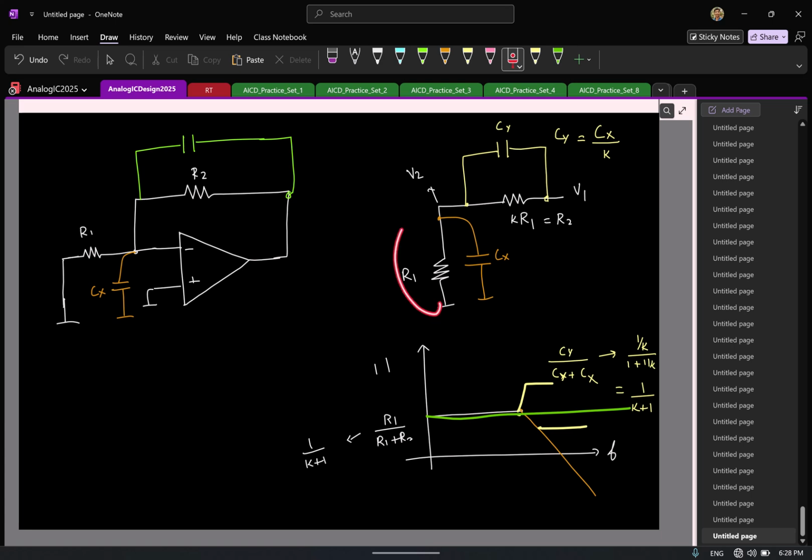Again, the idea is you have a delay here. To counter the delay, you add a fast path through the capacitor. That's basically adding the 0. And if you choose a capacitance to be an appropriate value, then you can cancel the pole, so that the transfer function of the feedback network is constant across frequencies, which is what you would have had when you didn't have the capacitor here.